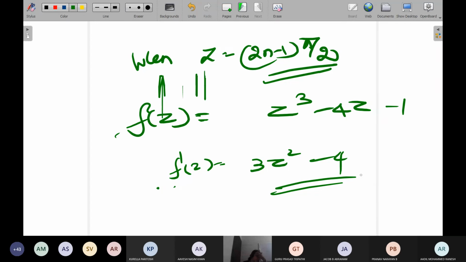2 by root 3, plus minus 2 by root 3. Is it? Is the function becoming 0 for those values? Or does the function value exist for all?